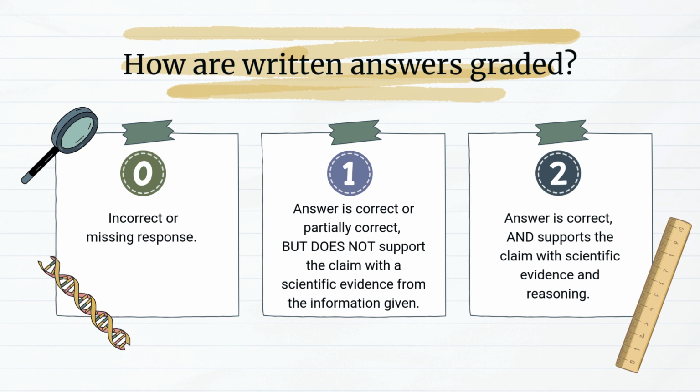You will find that when you learn how to do claim, evidence, and reasoning writing in science, that is exactly what they are going to be looking for here. A 1 is if you give a correct answer, but it doesn't give evidence from the information, whereas for a 2, your answer will be correct and you will use scientific evidence and reasoning in your answer.